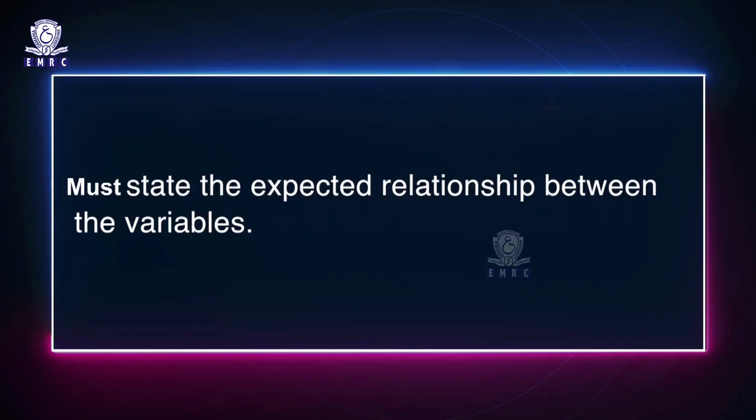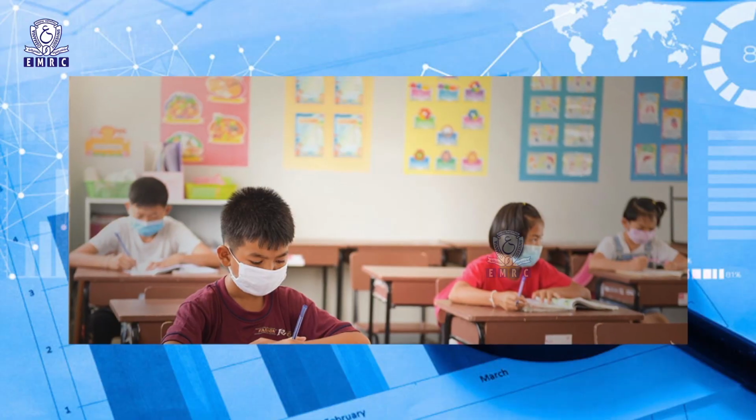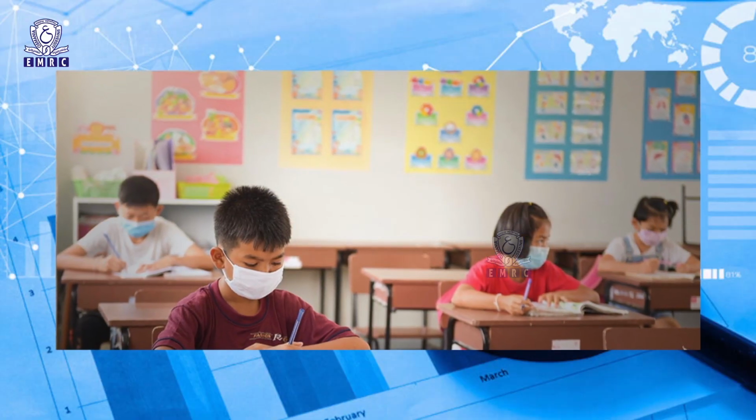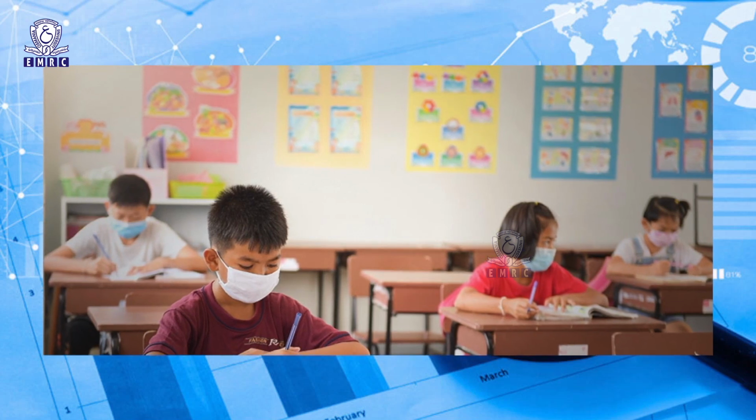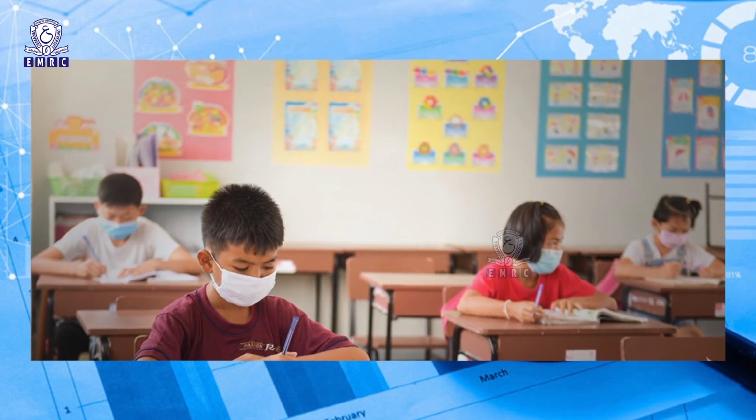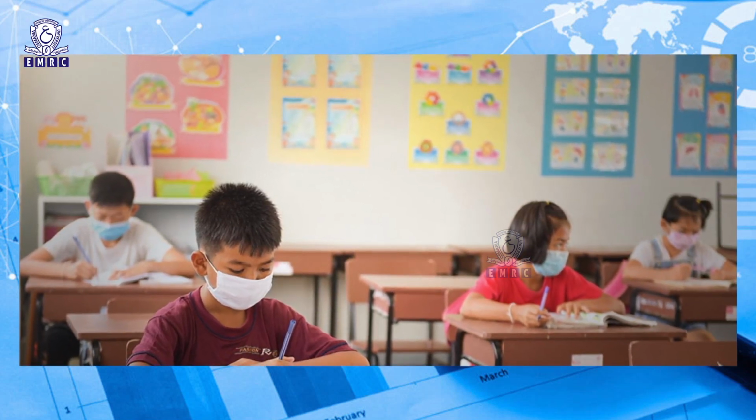The second characteristic is that a hypothesis must state the expected relationship between the variables. For example, the hypothesis 'there is a significant effect of pandemic on the learning outcomes of the primary class students' states the expected relationship between pandemic and learning outcomes, which can be measured.